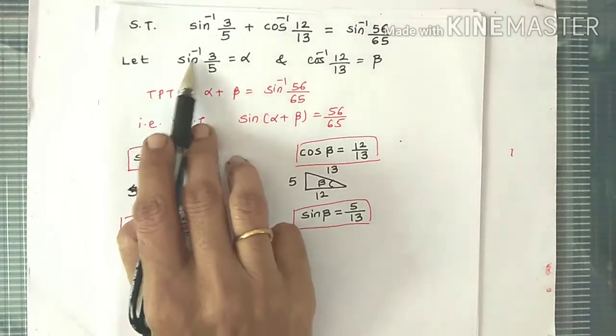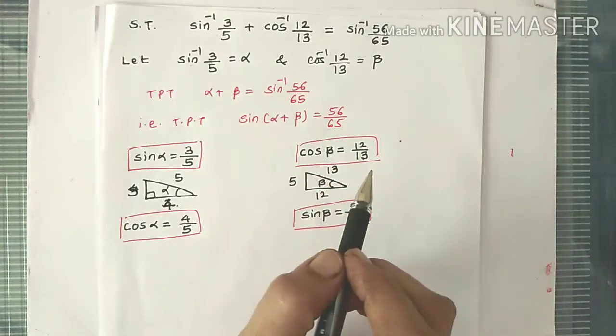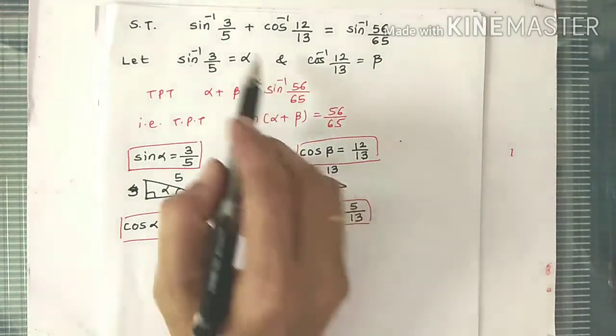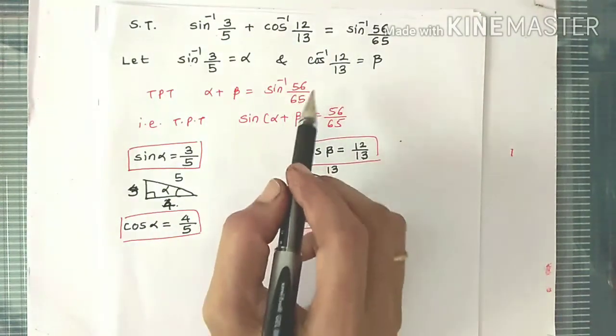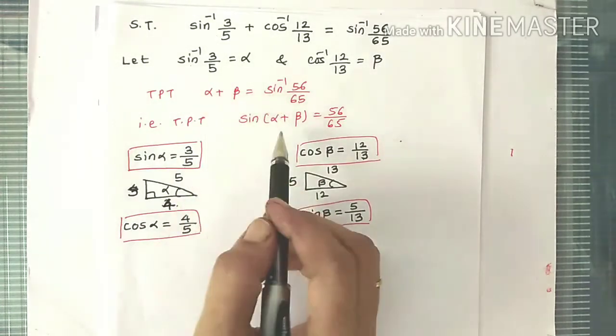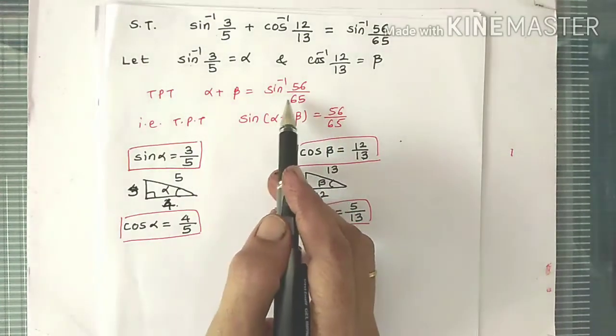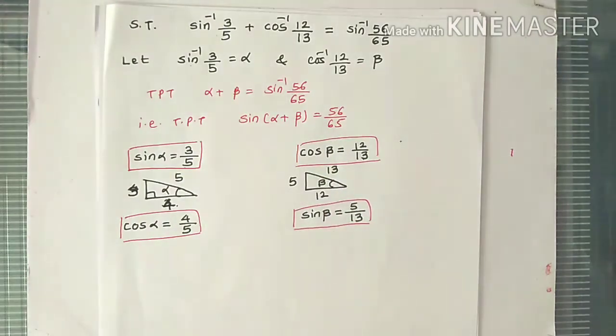So what we have is sin alpha as 3 by 5 and cos of beta is 12 by 13. Now we have to prove that alpha plus beta is sin inverse of 56 by 65. That is, to prove that sin of alpha plus beta, transferring this sin inverse to the left hand side, is 56 by 65.